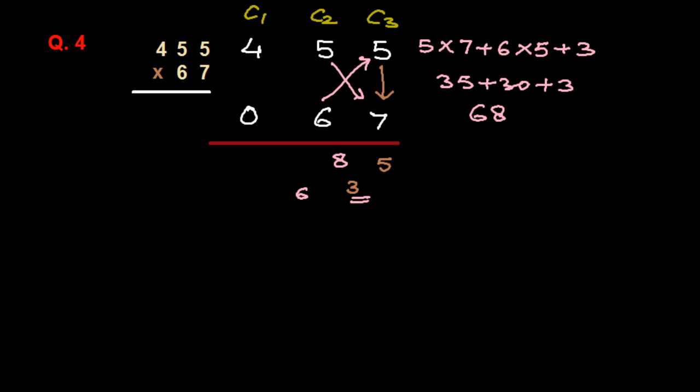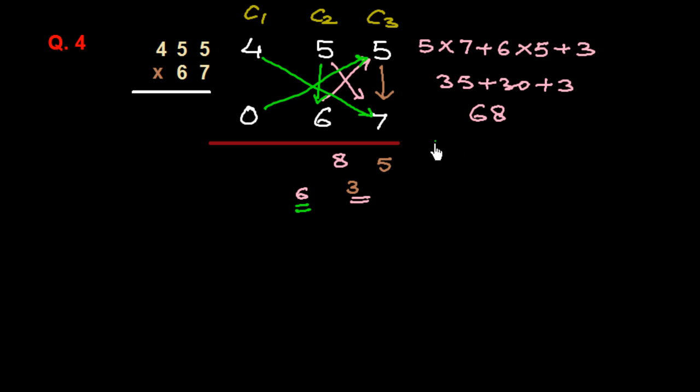Now we have to multiply column 1 and column 3 diagonally and column 2 vertically and add it up with this carried number. So we multiply this in this way.